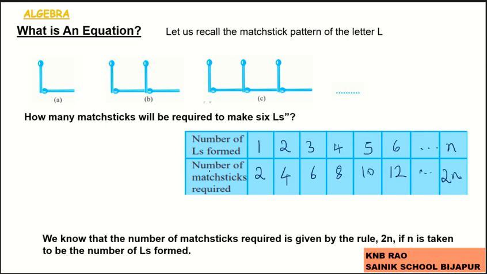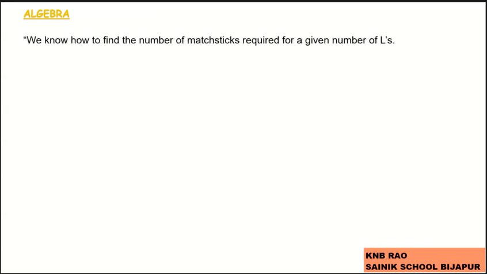We know that the number of matchsticks required is given by the rule 2n, if n is taken to be the number of L's formed. Children, what if someone asks you the same question the other way around? We know how to find the number of matchsticks required for a given number of L's.